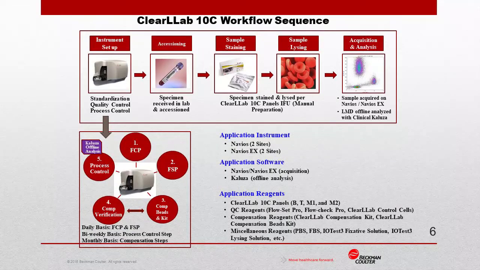So it is a complete system for the ClearLab 10-color. It is not just a product for sample staining. It is an entire process from instrument standardization through sample analysis.